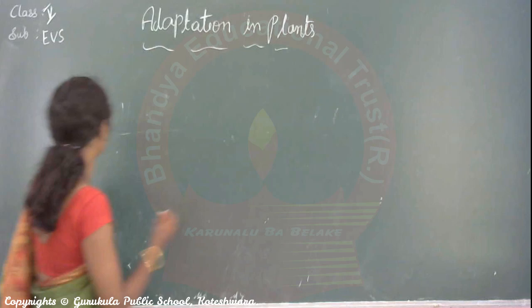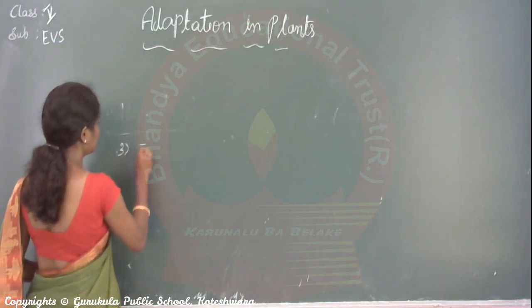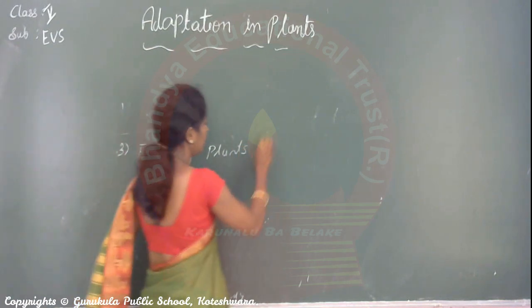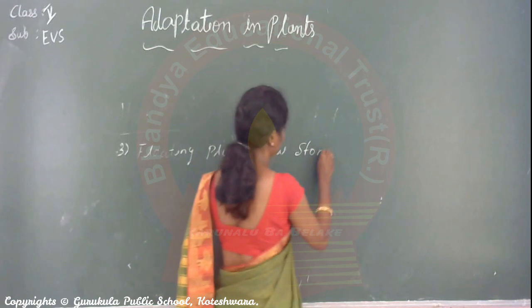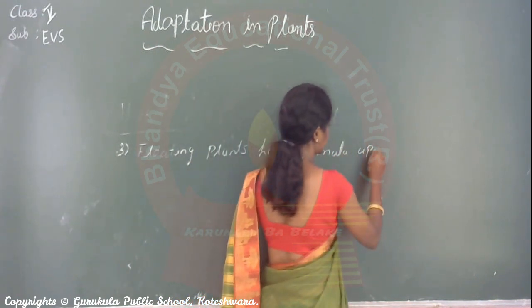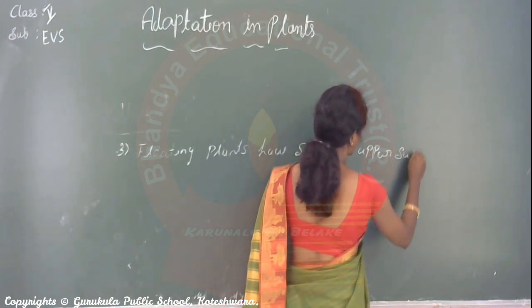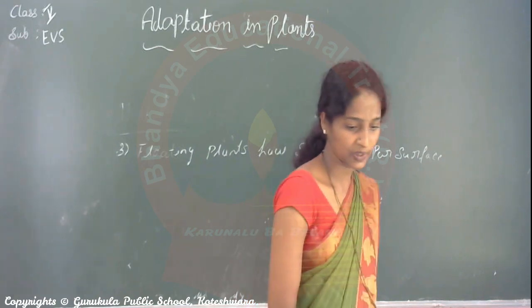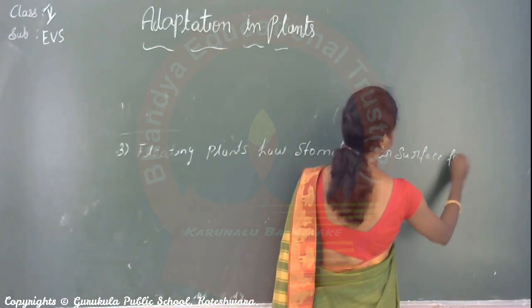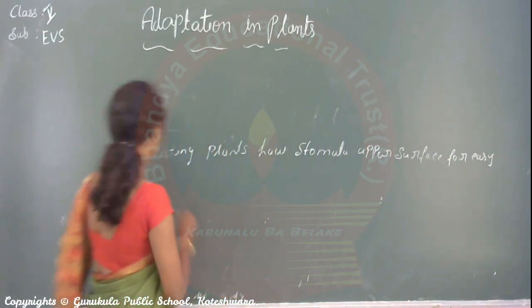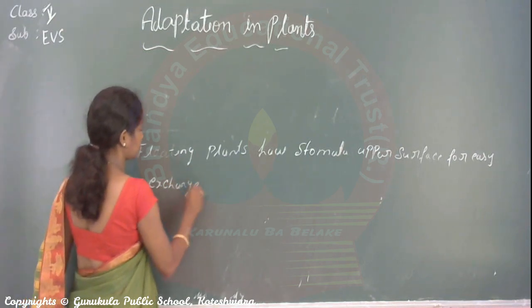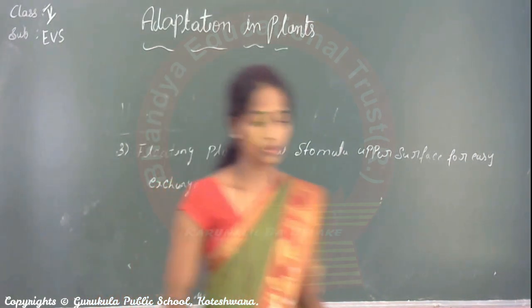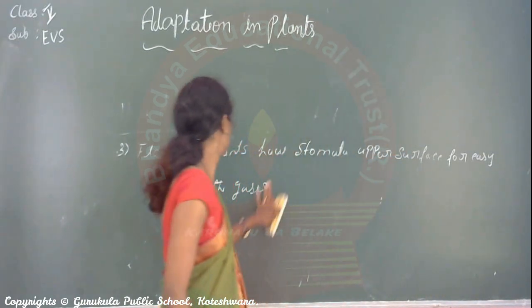These are the third feature of floating plants: stomata on the upper surface of the leaves for easy exchange of gases.